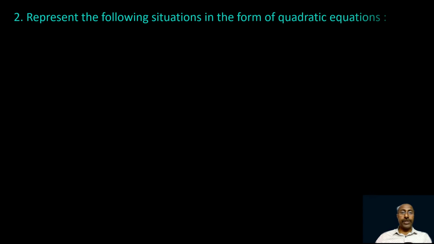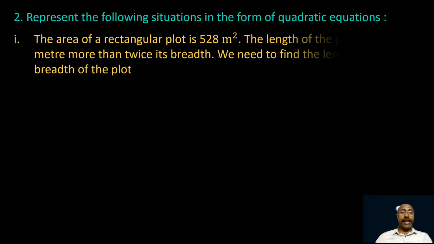Represent the following situations in the form of quadratic equations. So the first one is: the area of a rectangular plot is 528 meters square. The length of the plot is 1 meter more than twice its breadth. We need to find the length and breadth of the plot. So let's solve this question.